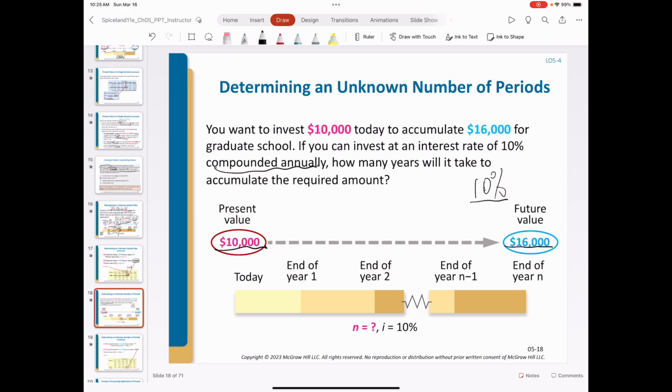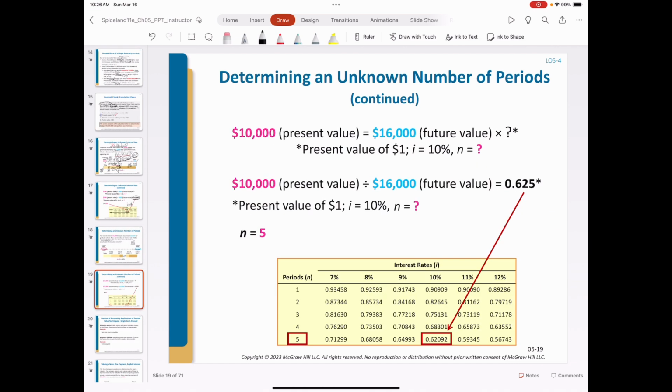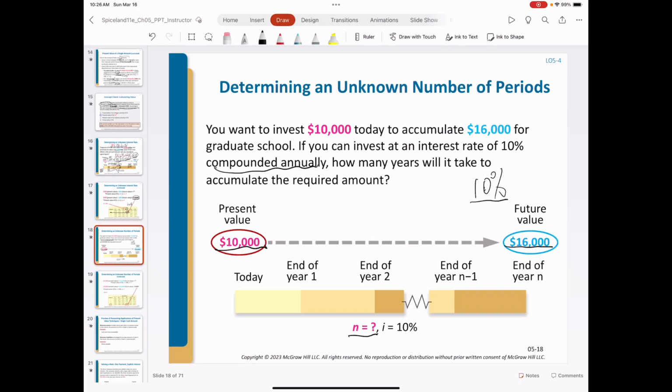Then we will determine the number of periods. Again, we use the formula present value equals future value multiplied by present value factor. So present value divided by future value is the present value factor.